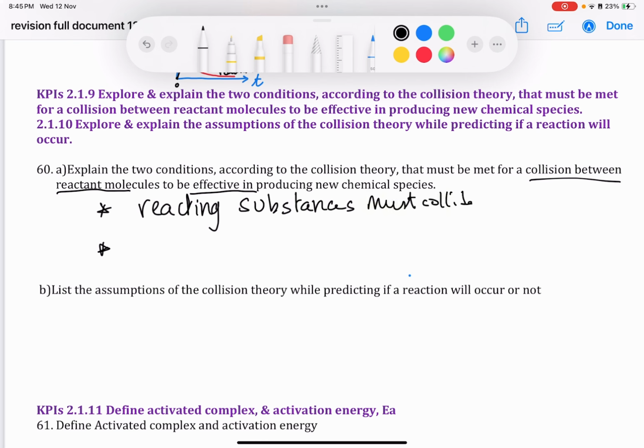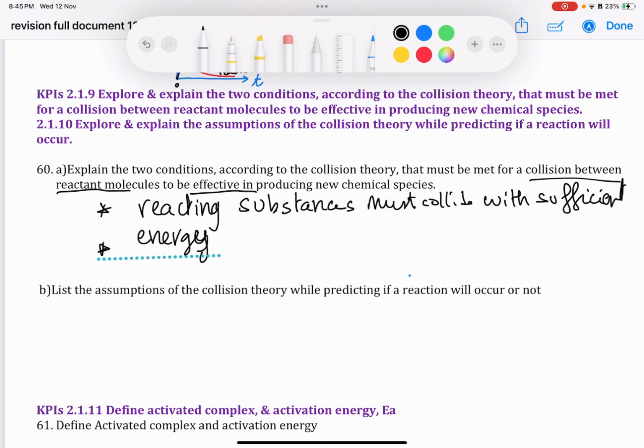And when they collide, they should collide with sufficient energy. And where they collide, where they bump into each other, it should be in the right place.